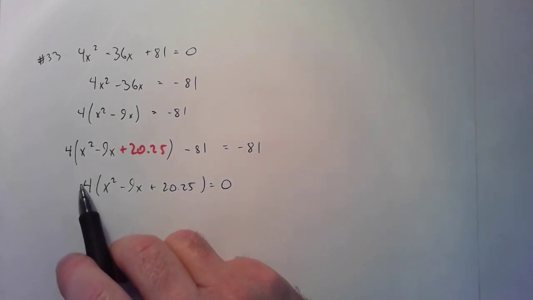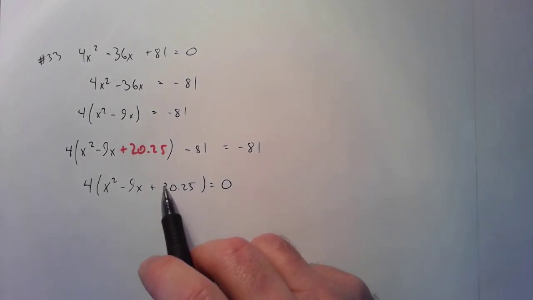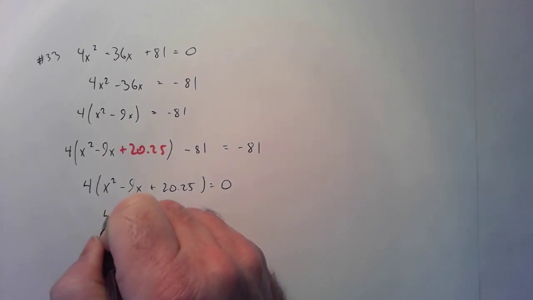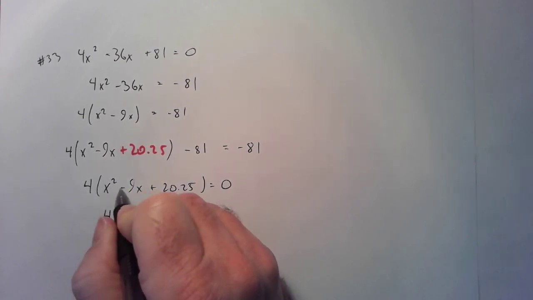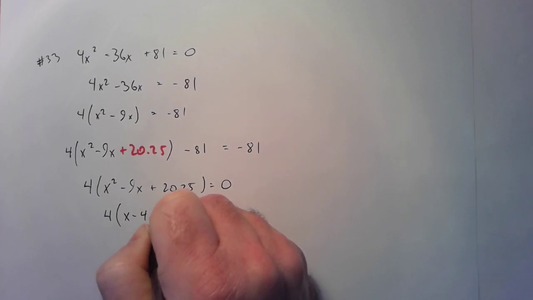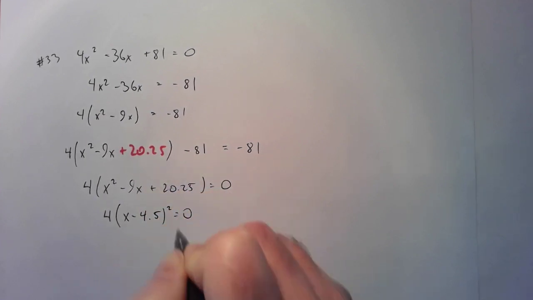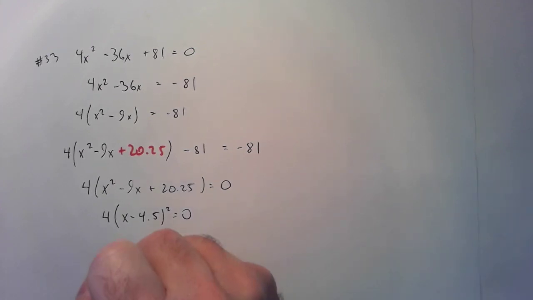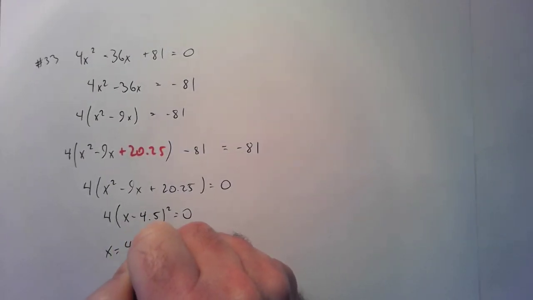That 4 doesn't matter because this is the only thing that can turn into 0. That's x minus 4.5. So the only answer that will work is x equals 4.5.